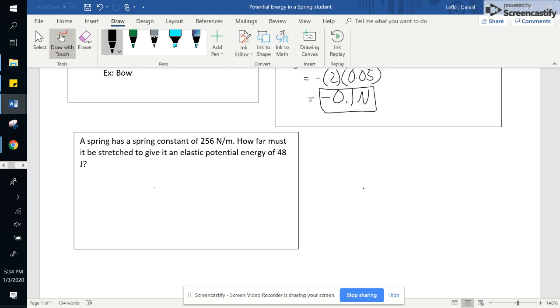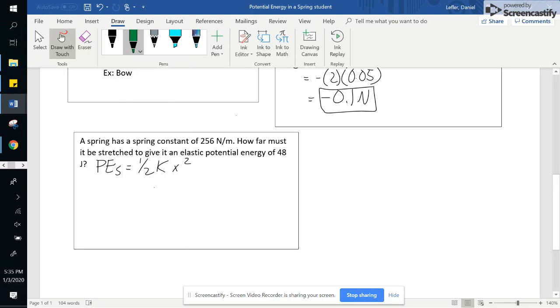So we're looking at the potential energy of springs equals negative K, not negative K, my formula's mixed up. It should be 1/2 K x squared. We want to know how far it needs to be stretched. So I'm going to rearrange this. So we're going to divide.